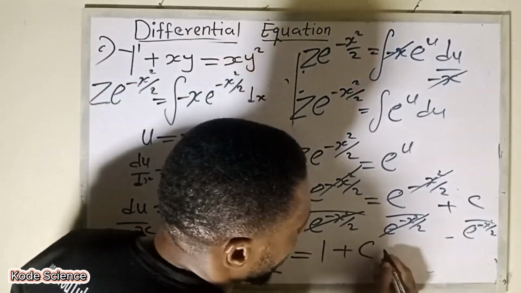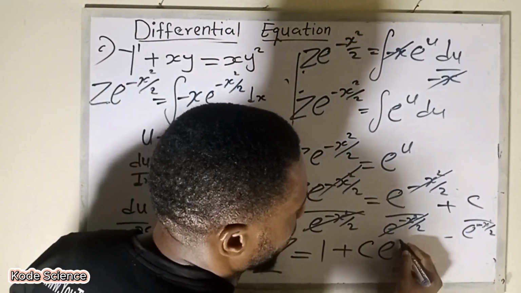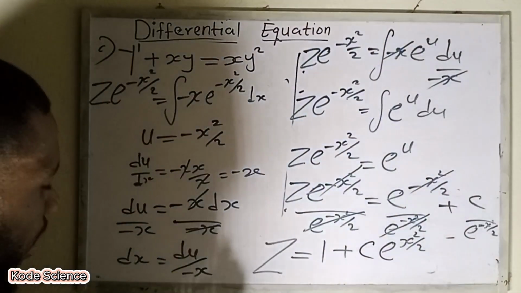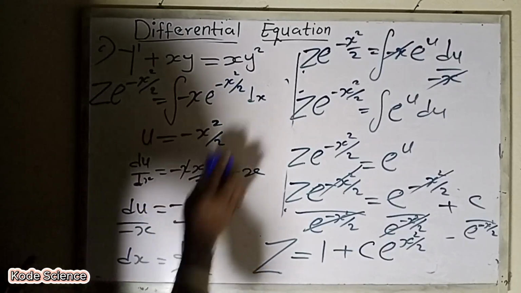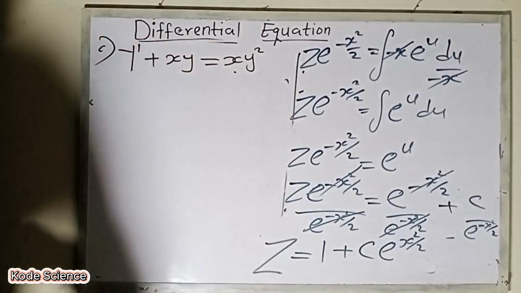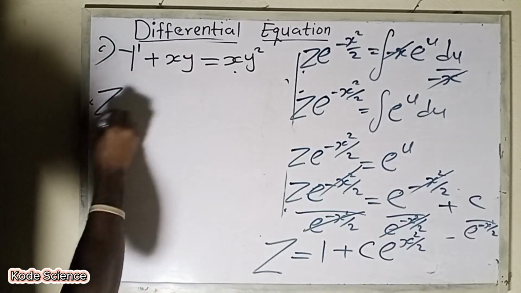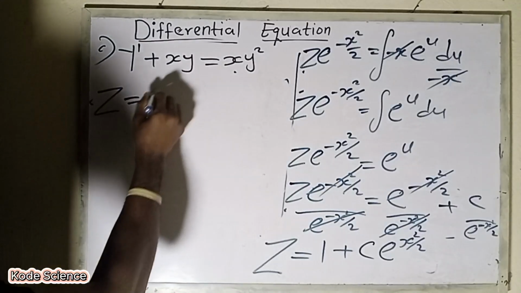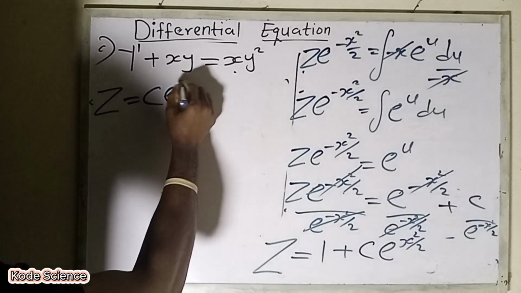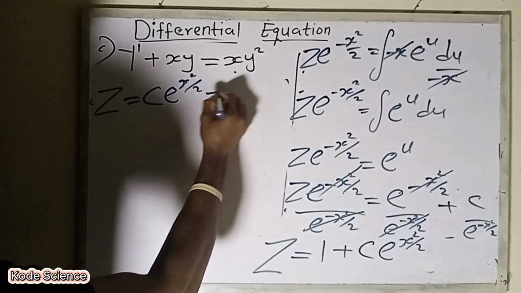This can be written this way, or we can also write z is equal to c exponential x squared over 2 plus 1.